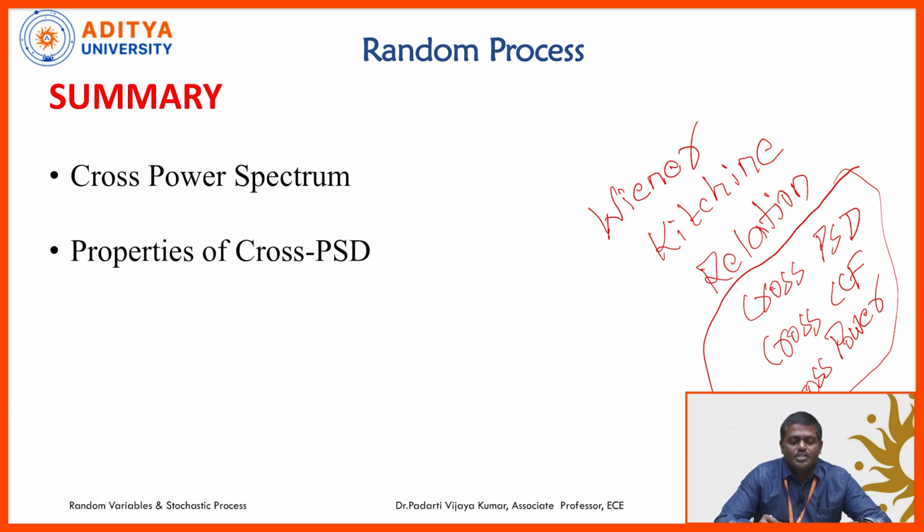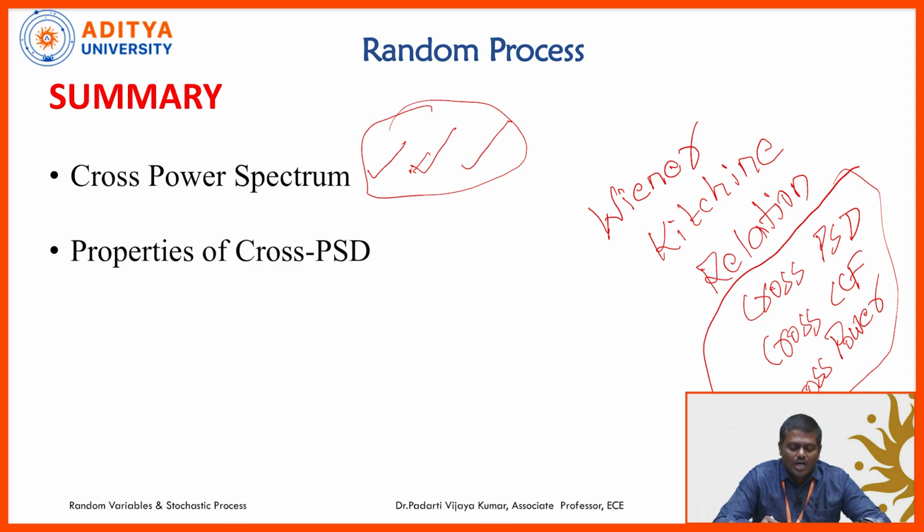So, in this session what we have seen is the definition of cross power spectral density, the mathematical definitions. Three definitions we have seen: Sxy of omega equal to the limit T tends to infinity of the expectation of x_T star of omega y_T of omega by 2T, and one more definition with respect to the cross correlation function, and with respect to power, we have seen all these relations of cross power spectral density.